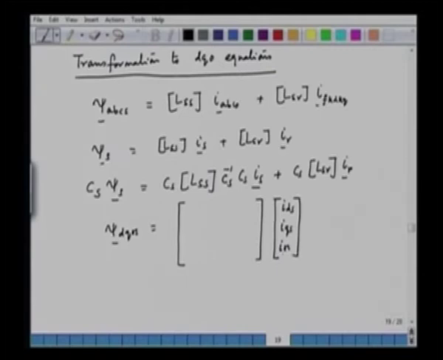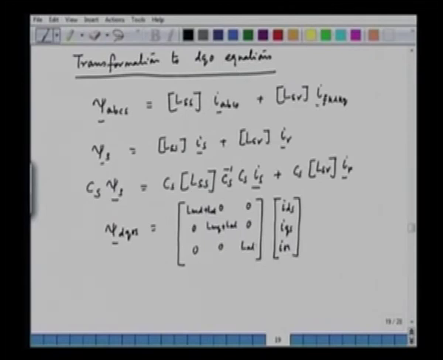And this matrix CS, LSS and CS inverse, if you calculate it, will have the following form. So, we have LMD plus LAL here, 0 and 0, then 0, LMQ plus LAL, 0, and 0, 0 and LAL.